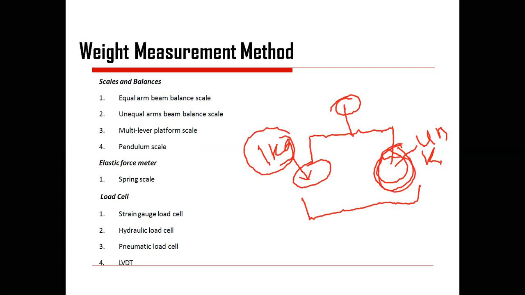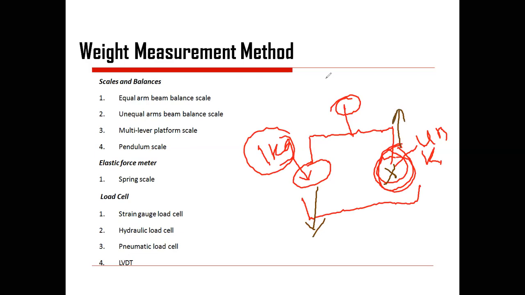But technically, when no weight has been applied on one of the discs, this one will slightly move in the downward direction depending upon how much weight you have applied, and this will move in the upward direction. What does it indicate?